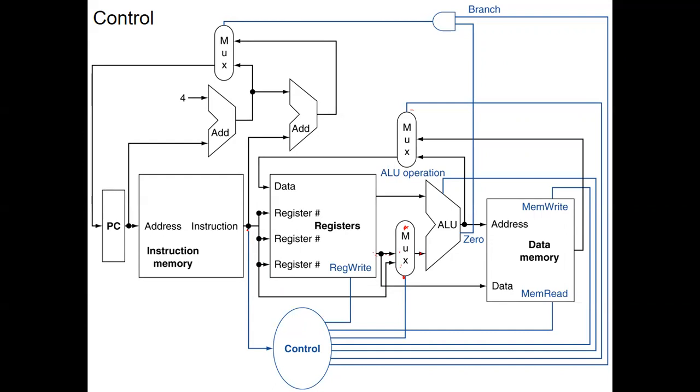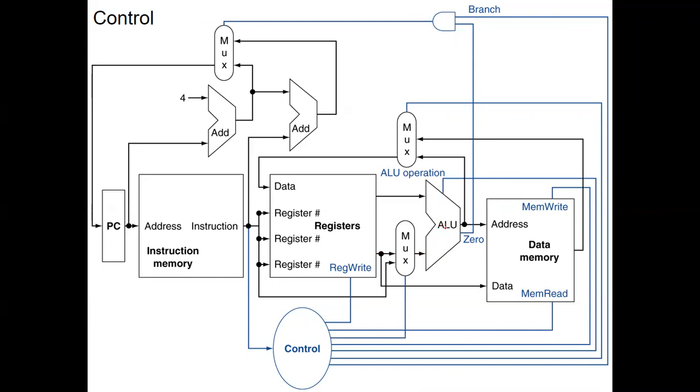This control unit will be supplied by the opcode of the instruction. And based on the opcode of the instruction, it tells the control lines what to do. For this specific multiplexer, it tells the hardware which line you should choose, this line or this line. Is it going to be a register from the register file, or is it going to be an immediate value that you need to supply to the ALU to work on?